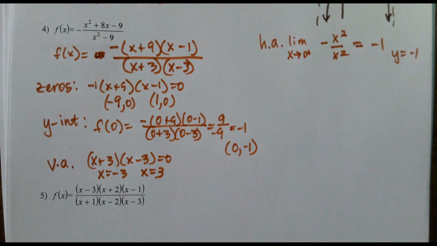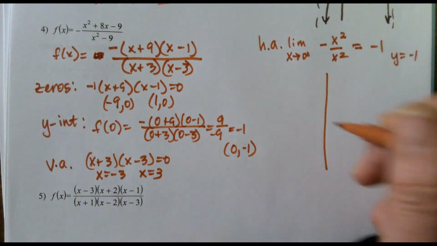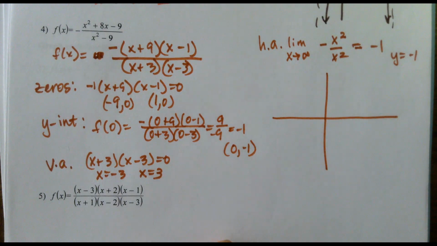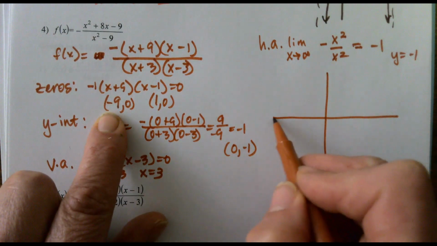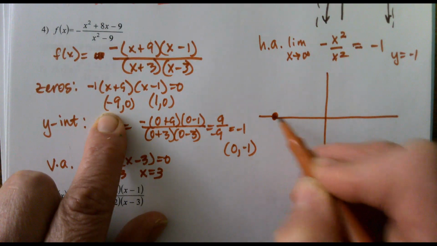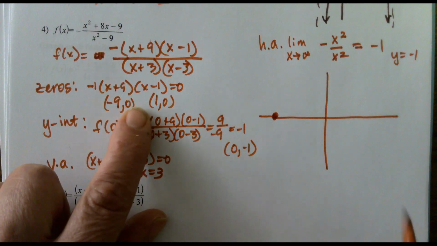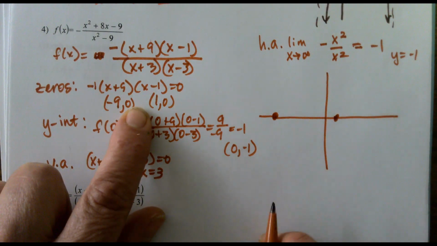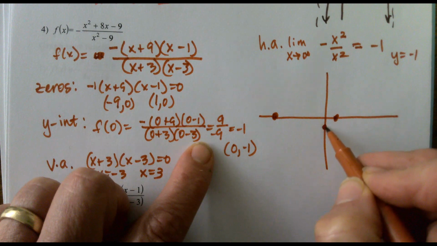Let's see if you can put it together. Let's go in order. Negative 9, 0, that's kind of way over here. 1, 0. 0, negative 1.